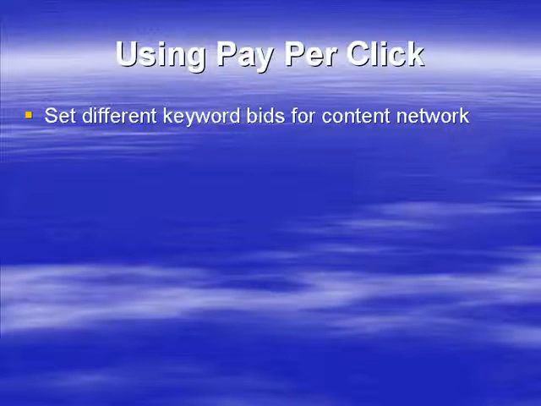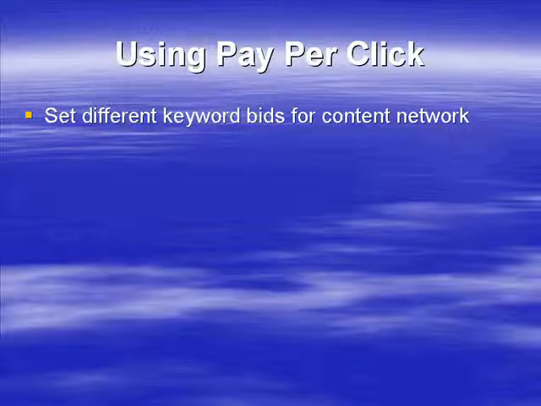I mean, it's worth having your adverts on there most of the time. Depends on the niche. Some niches have higher rates of click-through than others. But you have to make sure that you're getting traffic from the content network. Is it worth your while advertising on it? But you have to set the keyword bid lower, because otherwise you're going to spend a fortune again on low quality traffic, which you don't want to do.